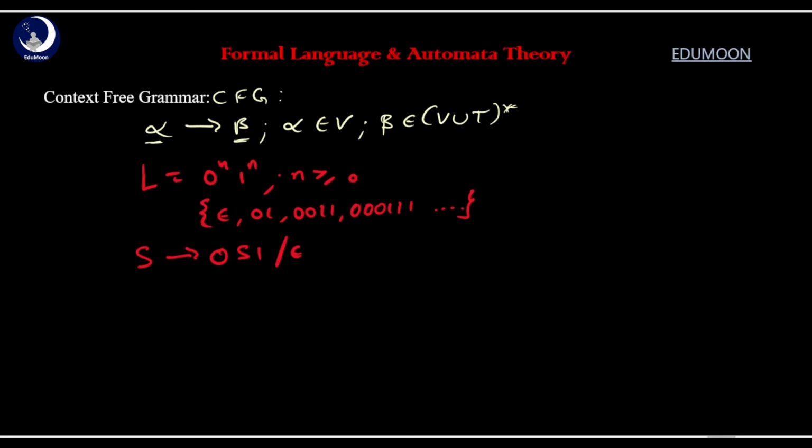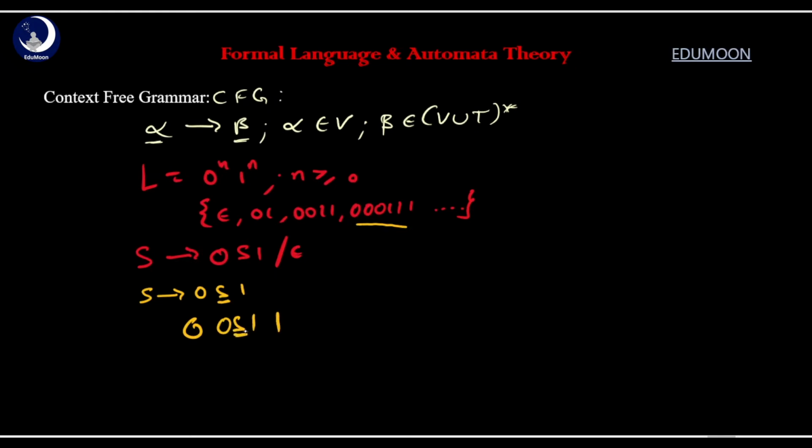Let us take for example the string 0 0 0 1 1 1. We can produce that string in this grammar as follows. First we take 0 S 1. Again this S can be written as 0 S 1 using the same production rule. So that becomes 0 0 S 1 1.